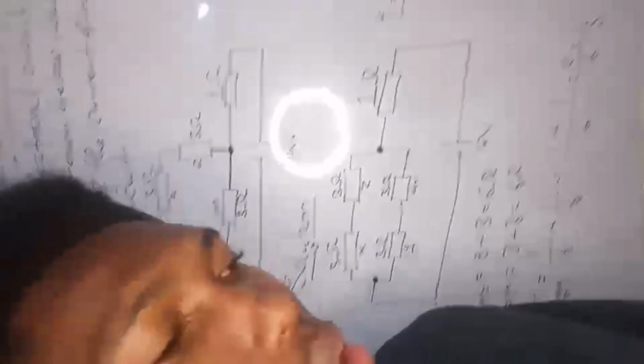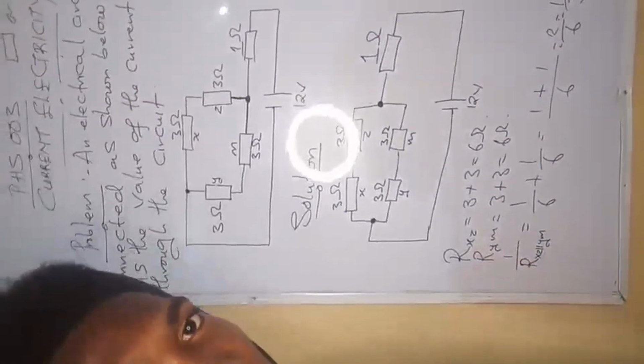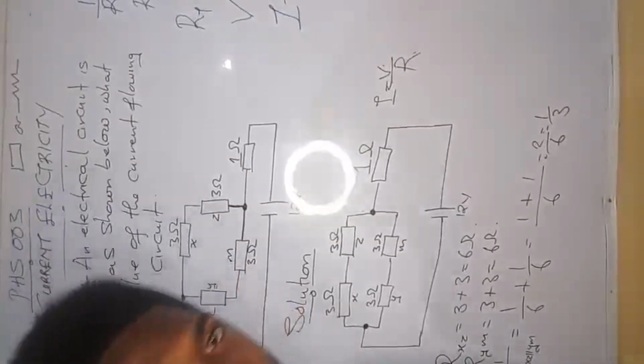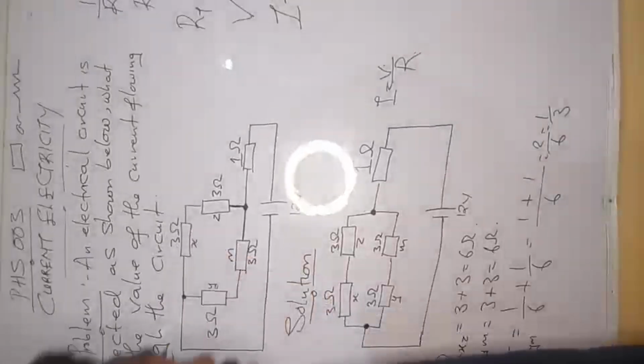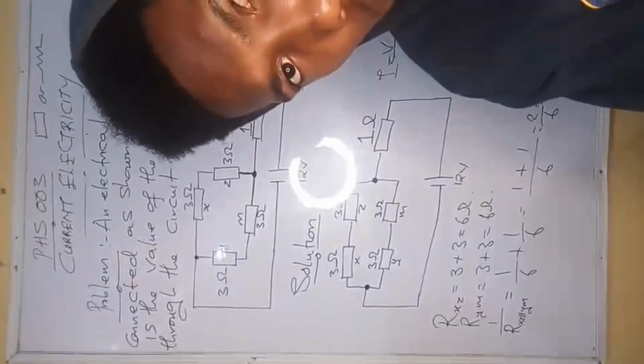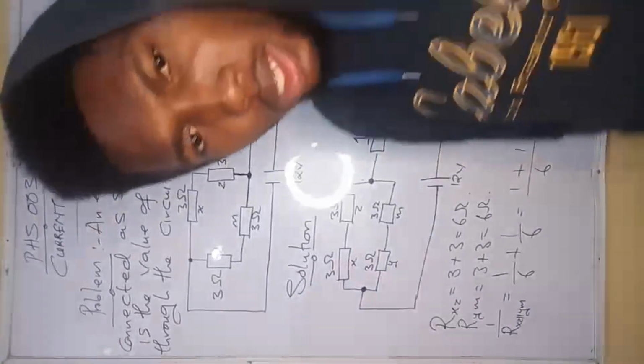We're going to go to the next aspect, which is conductivity and resistivity. Did I place it well? Okay, so we go to the next aspect, conductivity and resistivity.